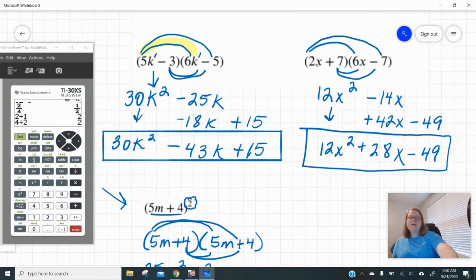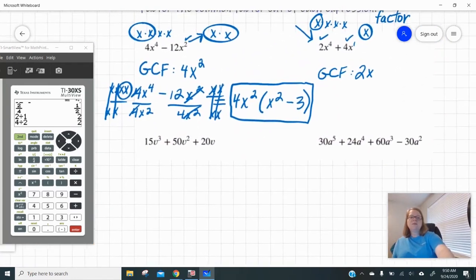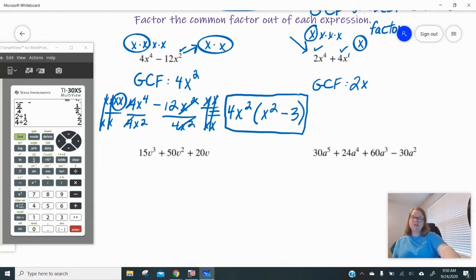And what we have now is that we're starting with what looked like an answer before, and we're ending up with what looked like the problem before. So by factoring, we're just undoing that multiplying. That's why I said it's a lot like division, because it's kind of undoing the multiplying. I hope that helps.